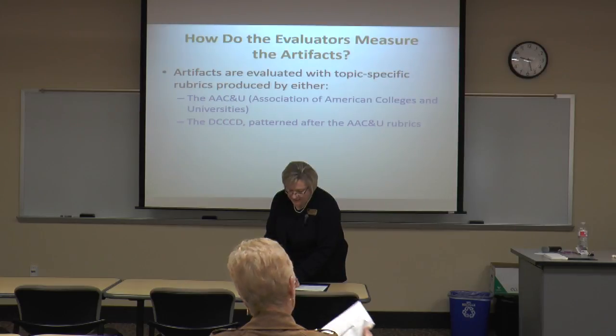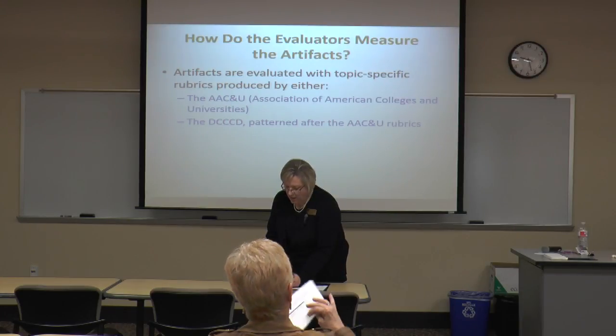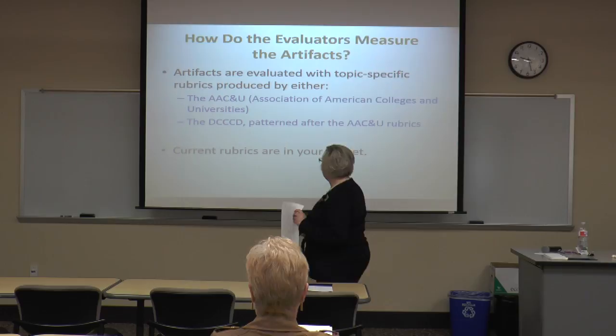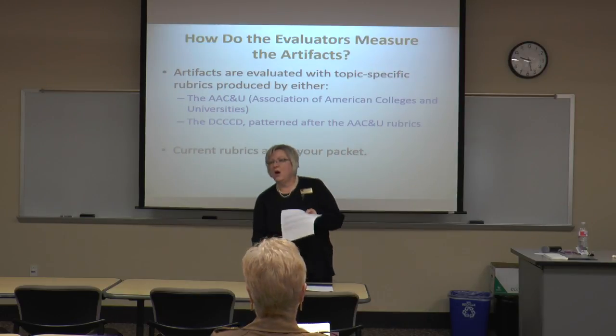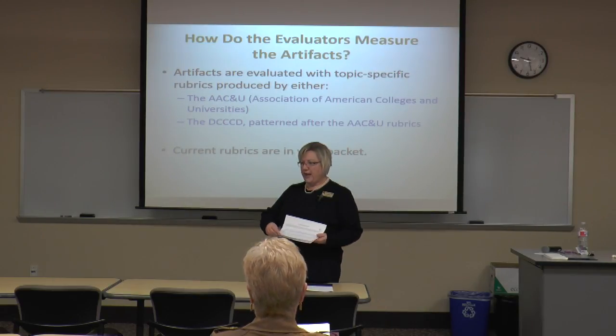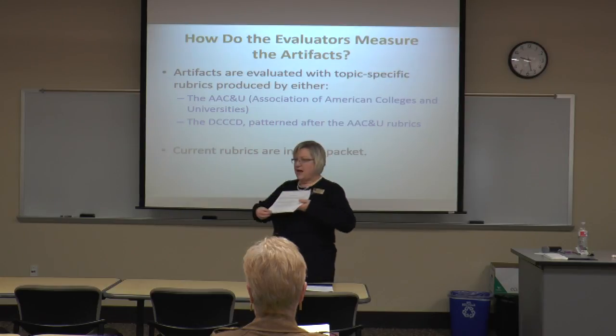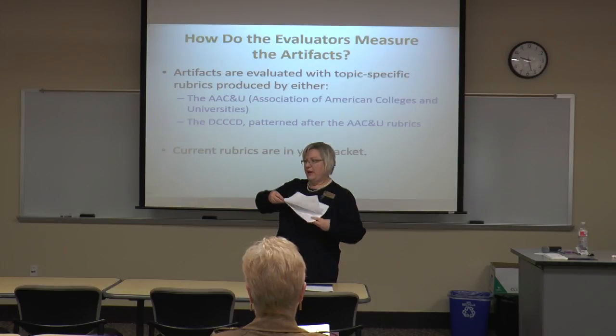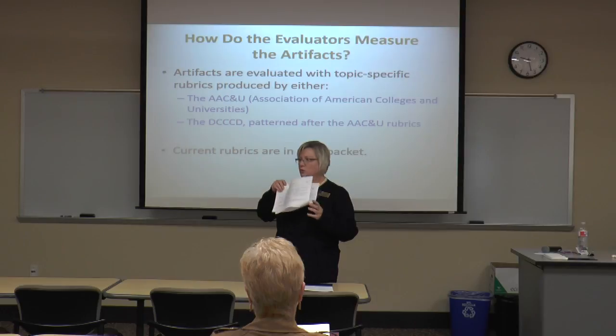You have that set in the right side of your packet. All of the current rubrics are there, and each one is 2 pages. There's a page of narrative explanation, and then on the back is the actual rubric.